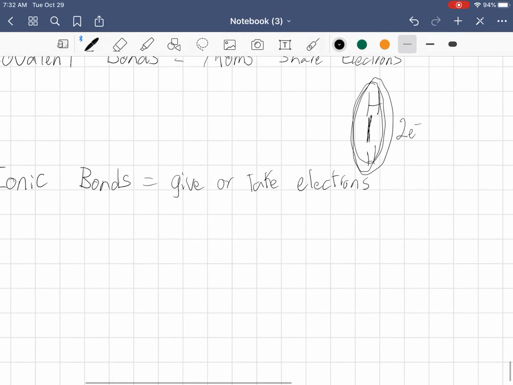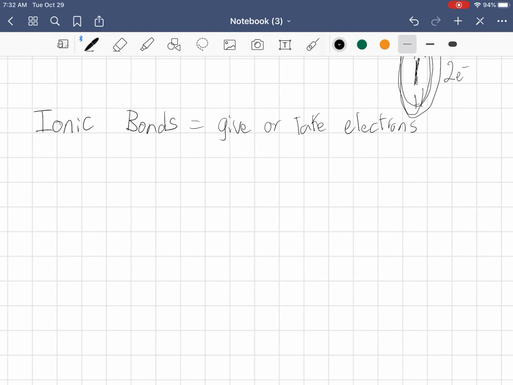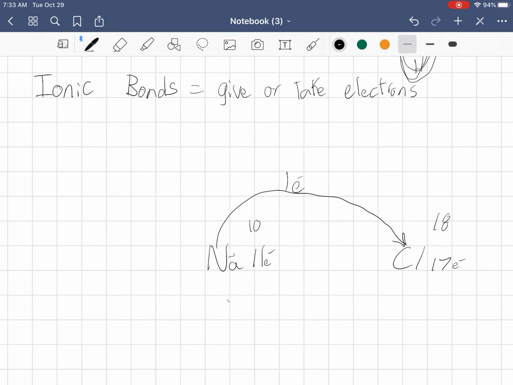One example of this is sodium, Na, which has 11 electrons but only wants 10, and chlorine, Cl, that has 17 electrons but wants 18. Sodium will give away 1 electron to chlorine, so sodium now has 10 electrons, which is what it wanted, and chlorine has 18, which is what it wanted.